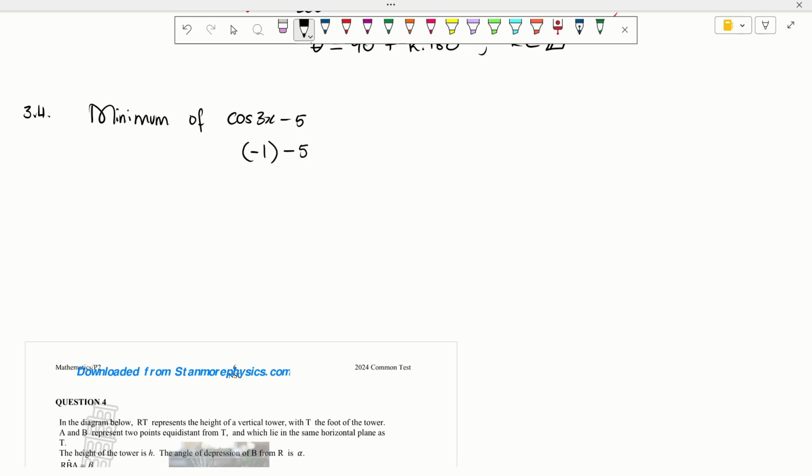And I have -5, so I'm just taking this down by 5 units. So if it was the graph itself and it was sitting like this initially, I just need to take it 5 units down. So I take it 1, 2, 3, 4, 5. So where is it sitting if I take it 5 units down? It's sitting at -6.